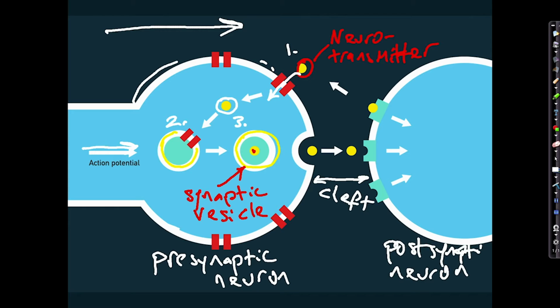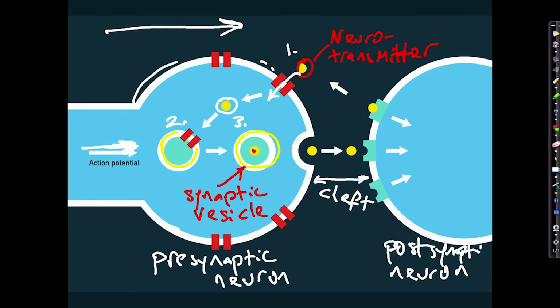Now, what are these vesicles for and what are the neurotransmitters for? Well, when an action potential reaches the bouton, it can go no further. There's no way, as I said before, for it to jump across the synaptic cleft. So what actually happens is the action potential causes these vesicles to stick to the membrane.